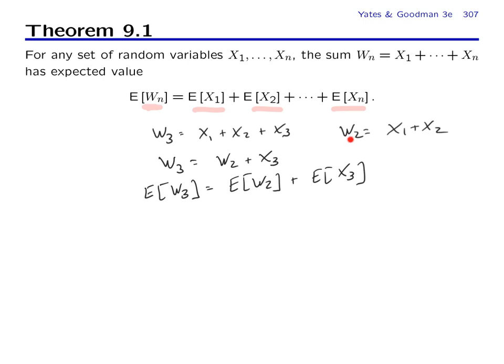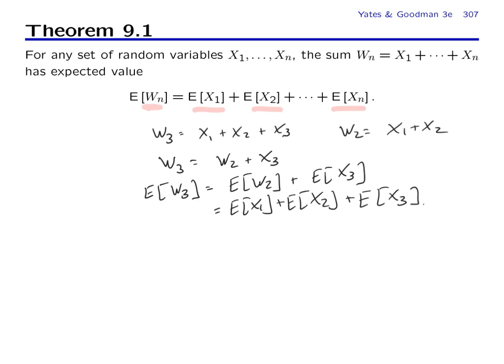And since W2 is the sum of X1 plus X2, we know that this equals expected value of X1 plus expected value of X2 plus expected value of X3. So this is our claim for n equals 3. For arbitrary n, the next slide uses the same idea in a proof by induction.